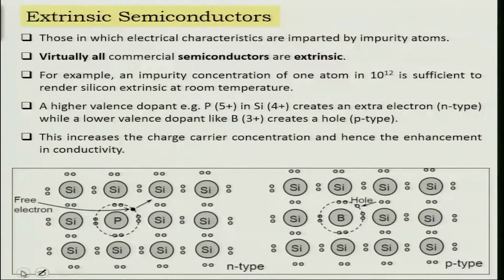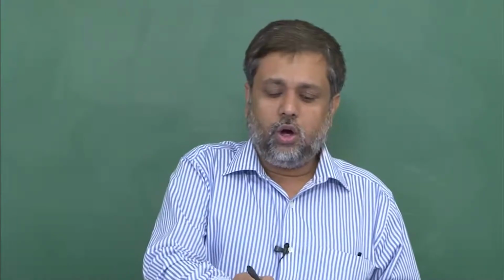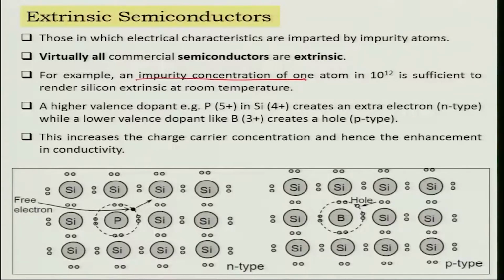Now, very few semiconductors that we use today are intrinsic semiconductors, mostly they are extrinsic semiconductors, which means they are semiconductors because of the addition of impurities, something like 1 atom in 10 to the power 12 is sufficient to render silicon extrinsic at room temperature.